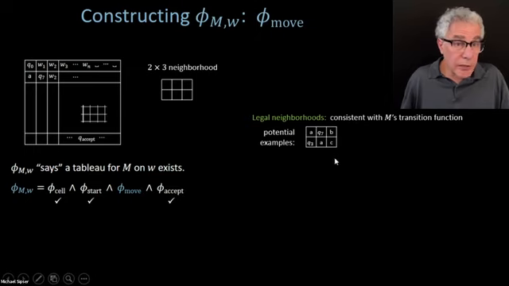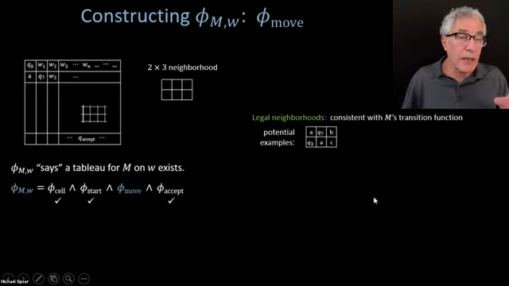So being legal depends on the transition function of the machine. Given the transition function, that tells you which are the legal neighborhoods.